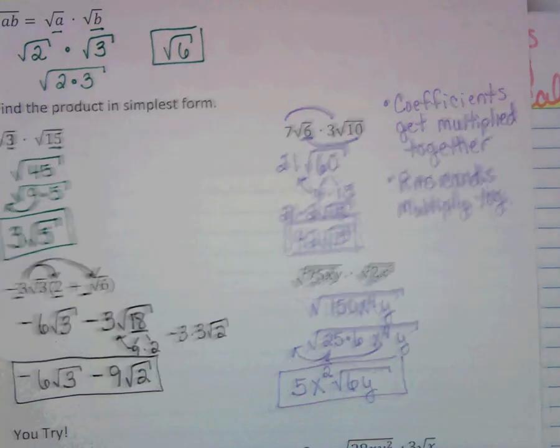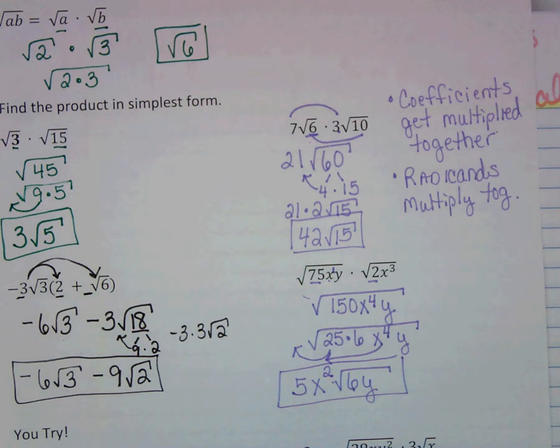What I want you to do now is stop the video, and see if you can do the next 2 problems on your own, and then turn the video back on and check your answers.